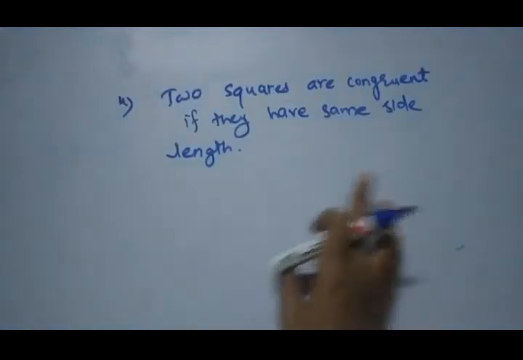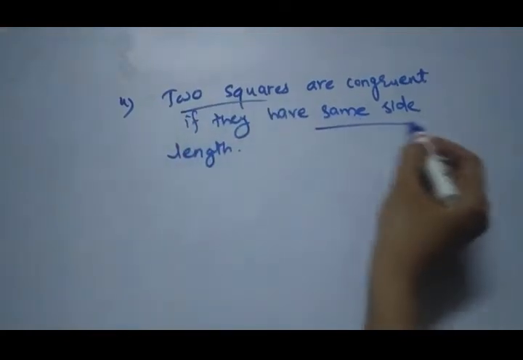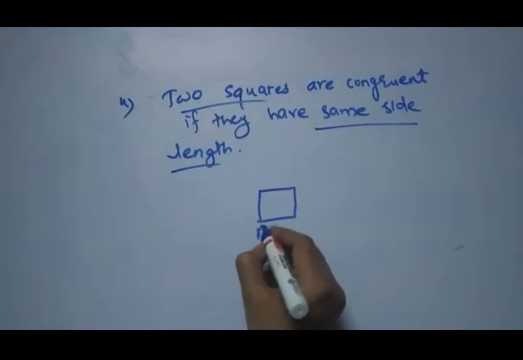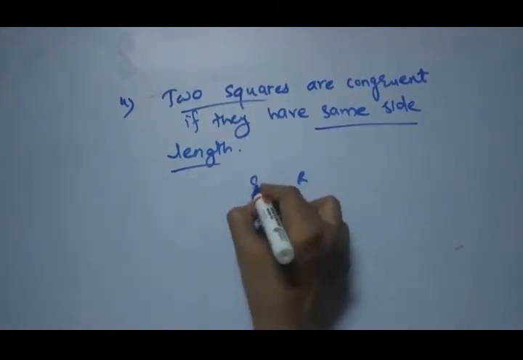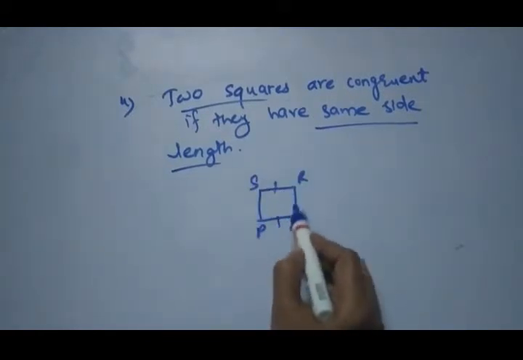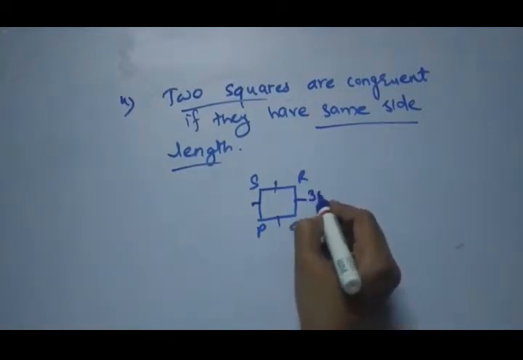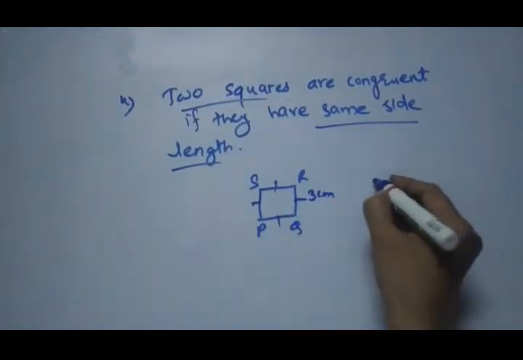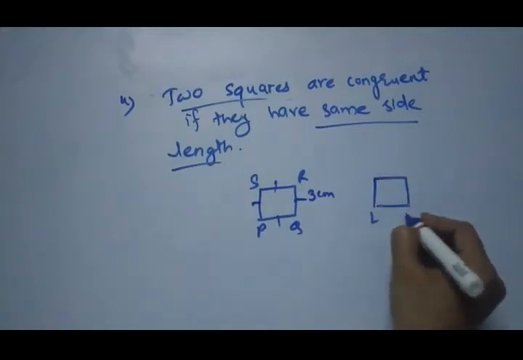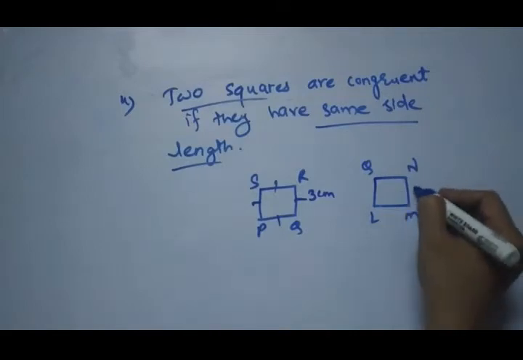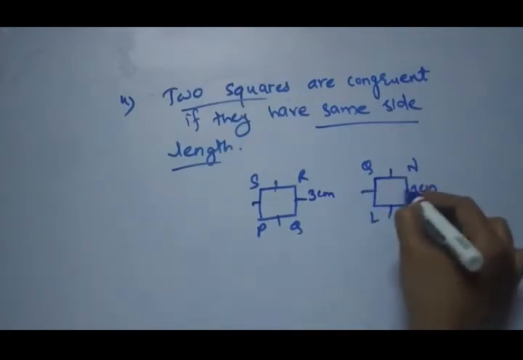Next, two squares are congruent if they have the same side length. For example, this is one square PQRS, and each side of the square, we know, is the same. Suppose it is 3 centimeter, and we have one more square LMNQ, and this also has 3 centimeter on each side.